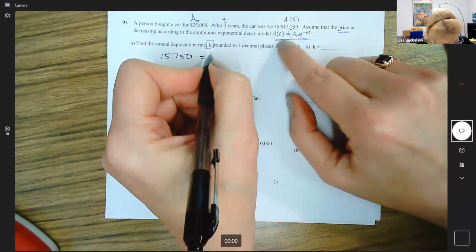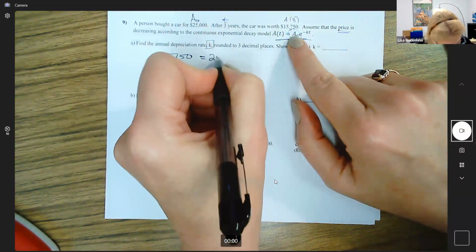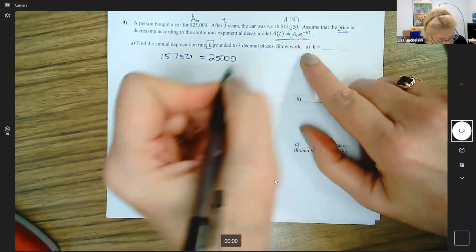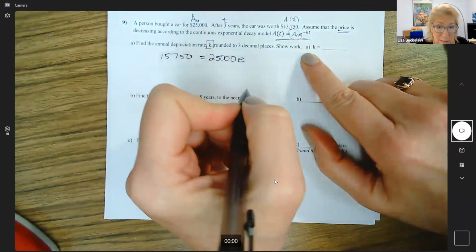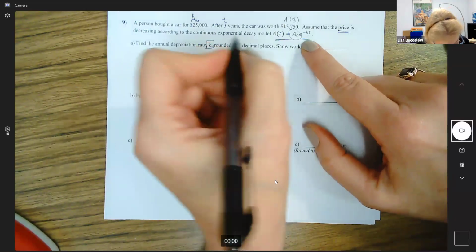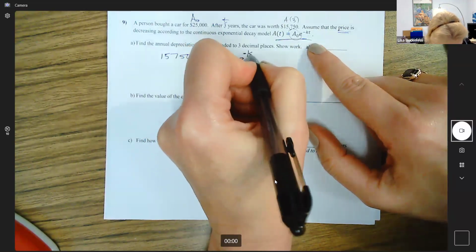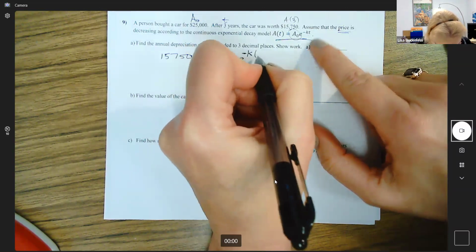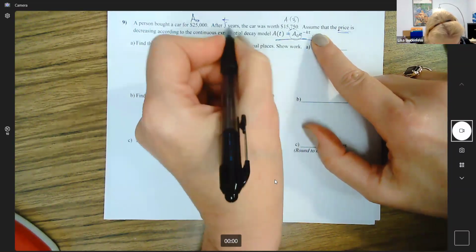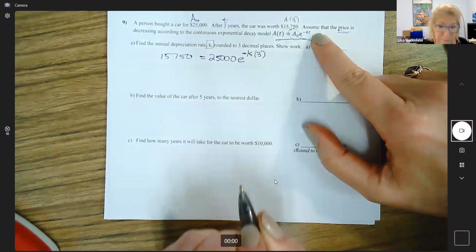The starting amount over here is the price of the car at the beginning of this time period, 25,000. E is a constant. That's always going to just stay e, 2.71828 out of our calculator. Negative k is what I do not know. And then the t value, how long did it take to get from this amount down to that amount? 3 years. So we'll put a 3 there.